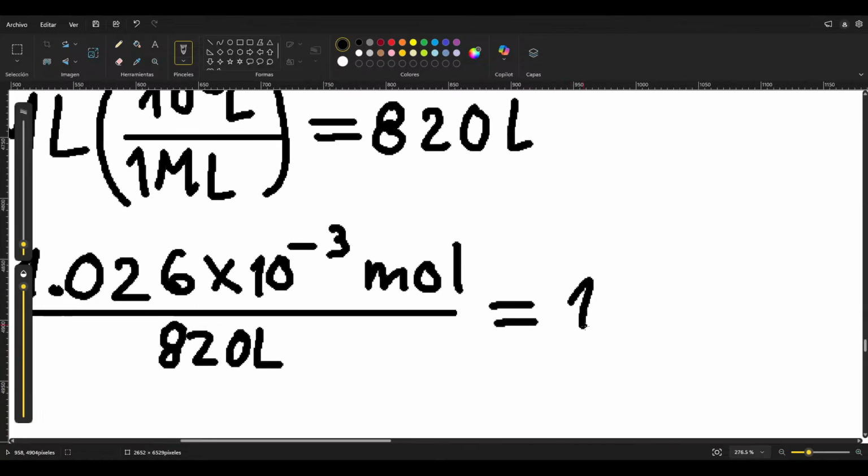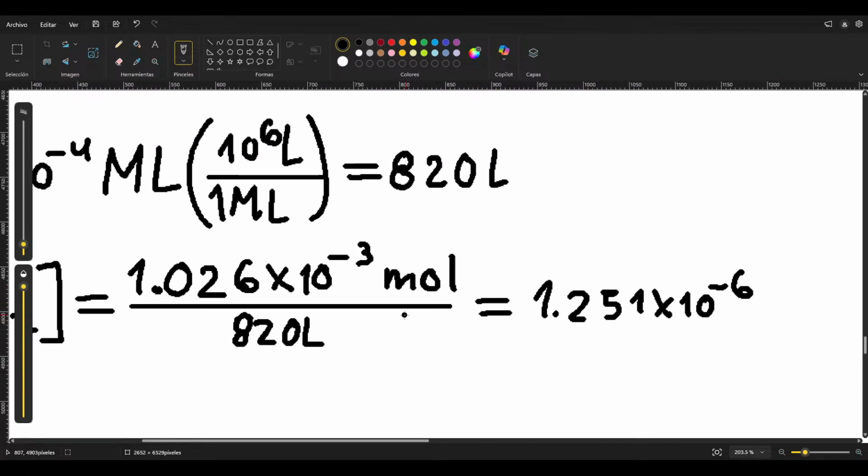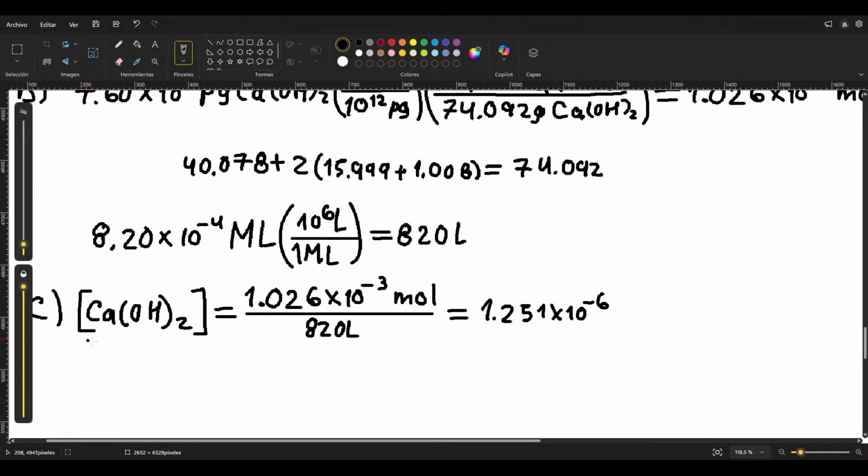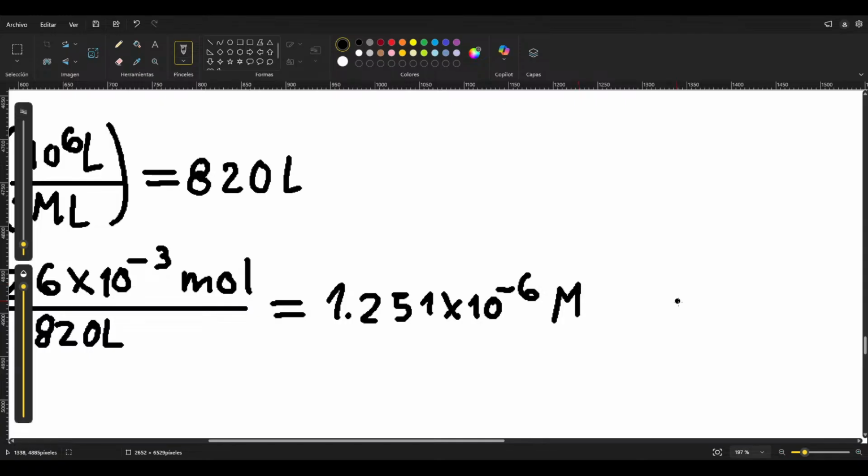Okay, 1.251 times 10 to the negative 6. And the unit of this, okay, Kevin, what is the unit of the concentration of molarity? Let's see if you remember. M. Exactly, specifically, a capital M. Very good, Kevin.